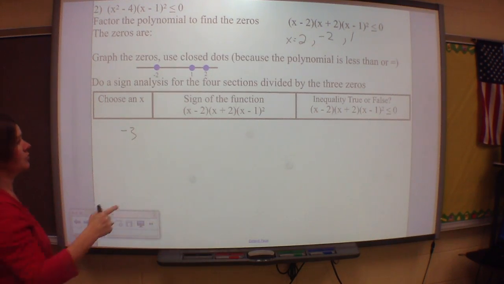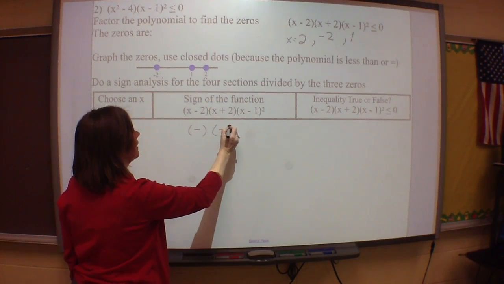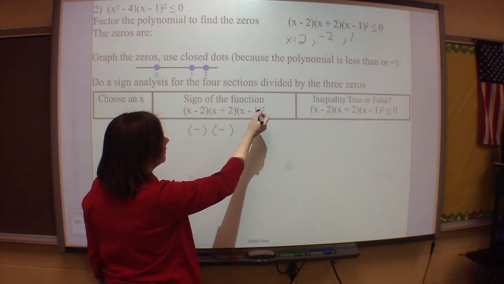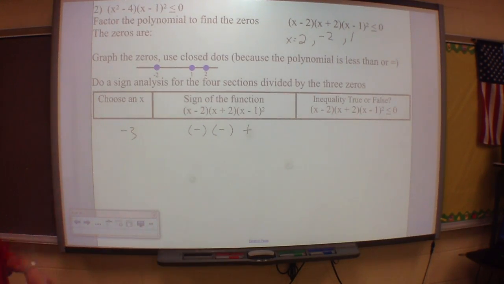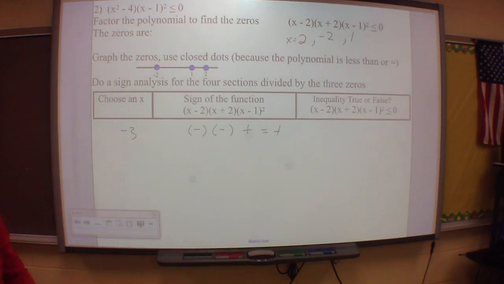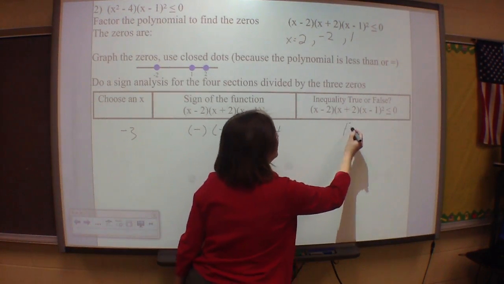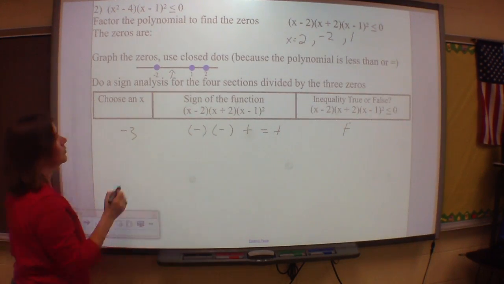If I plug in a negative 3, I'll have a negative times a negative. Anything squared is a positive. So if I multiply all that together, I have a positive. Is a positive number less than or equal to 0? Nope, false.